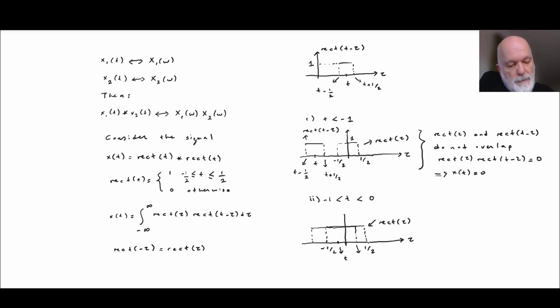This point here is t minus 1/2, and this point is t plus 1/2, and again the value is equal to 1. In this case, this one is rect of t minus tau.